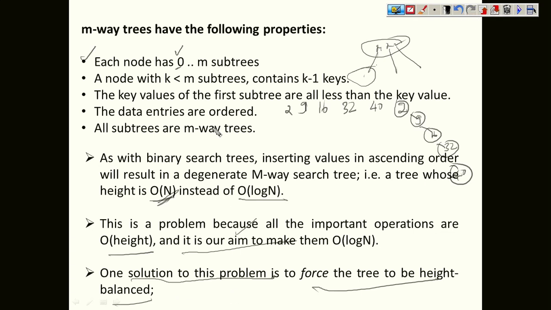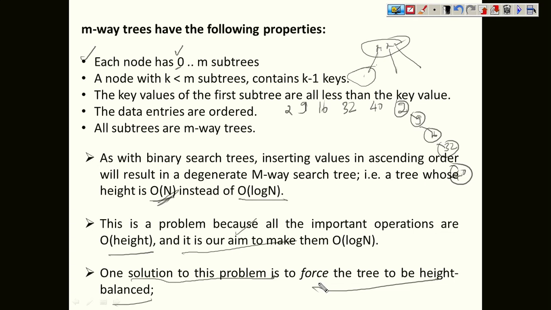We have discussed the properties of M-way trees. So far, I believe you have understood what M-way trees are, what their properties are, and what the drawbacks are. The drawback we have identified is that an M-way tree can extend to one direction and increase the complexity. So we need to look for some mechanism, like we discussed AVL trees for balancing.